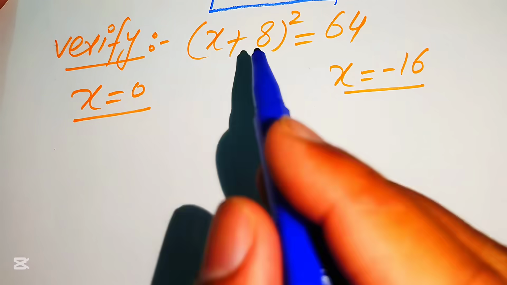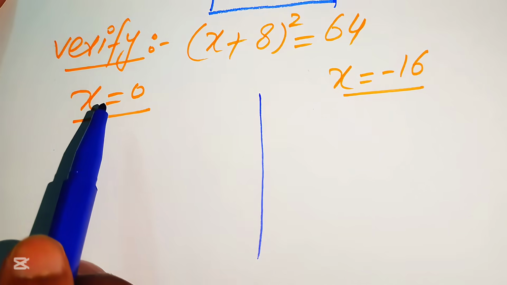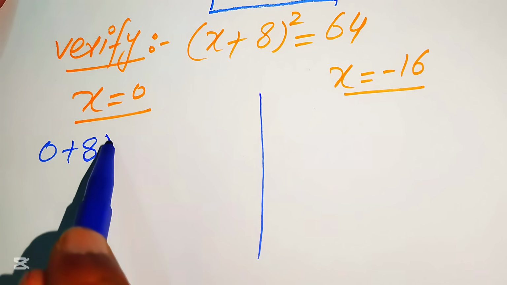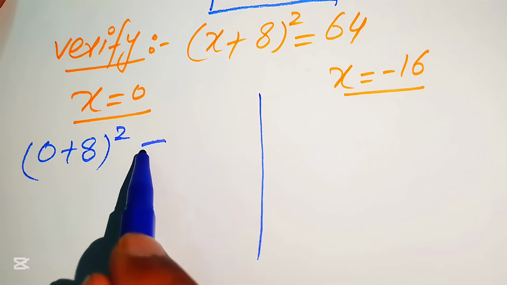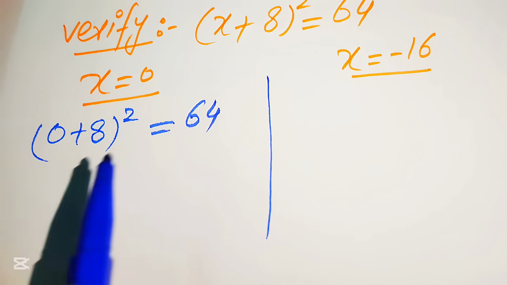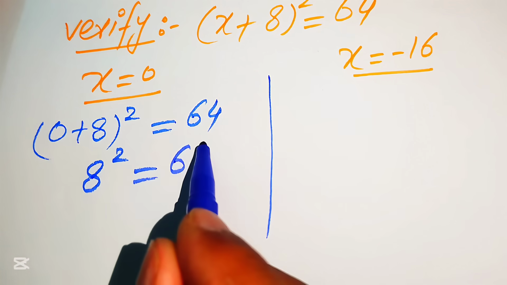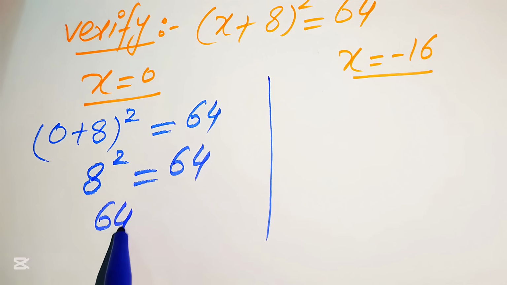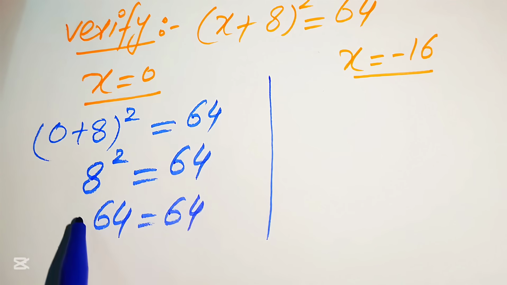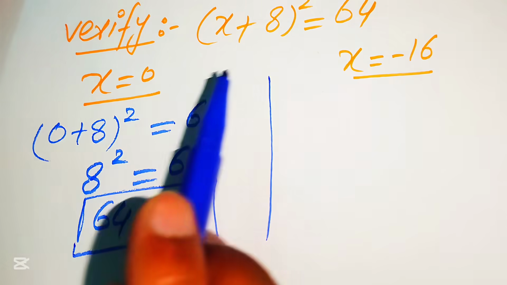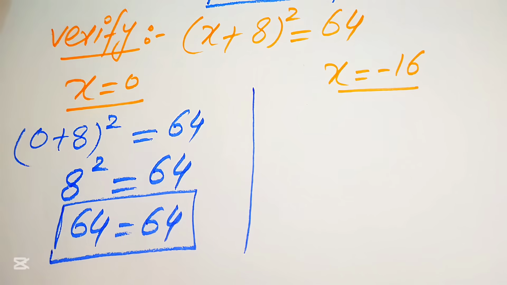First we substitute x equals 0, so it will be written as 0 plus 8 whole square equals 64, and 0 plus 8 becomes 8 square equals 64, and 8 square becomes 64 equals 64. This shows that the value x equals 0 satisfies our given equation.